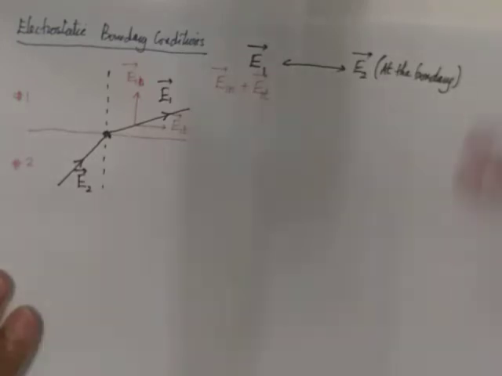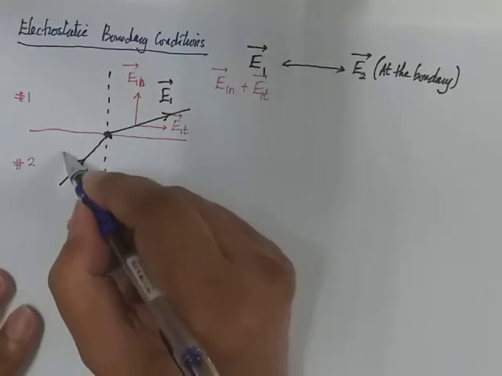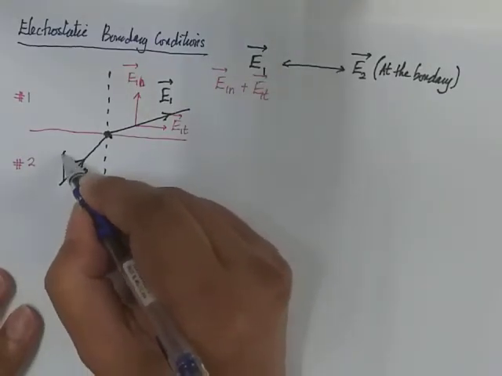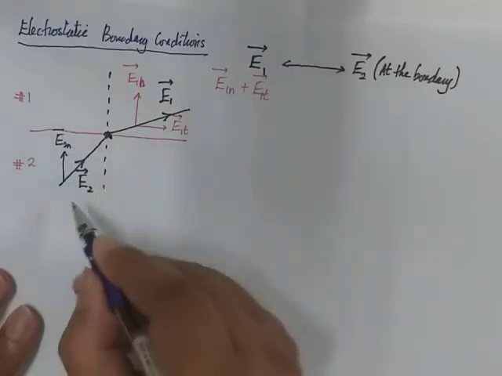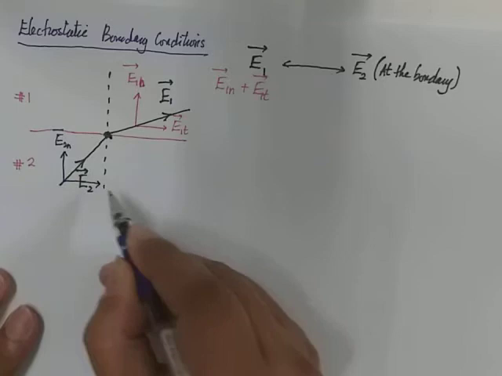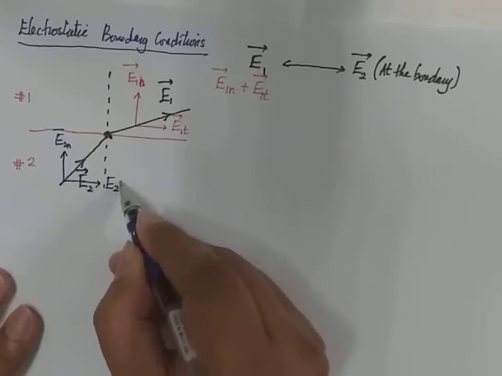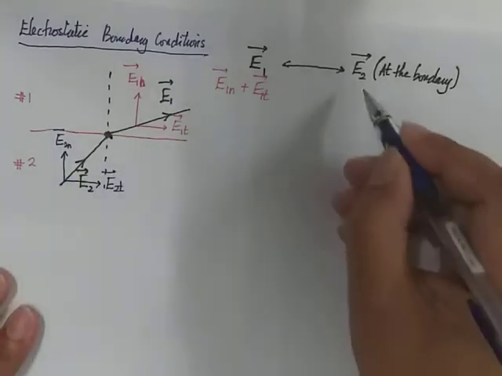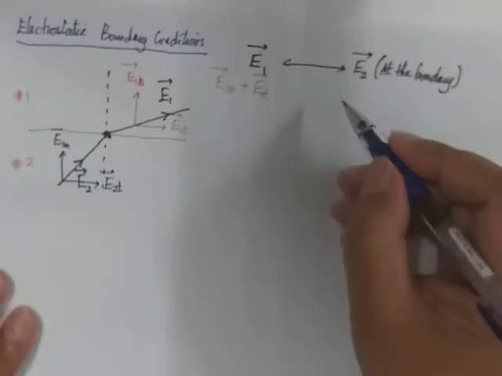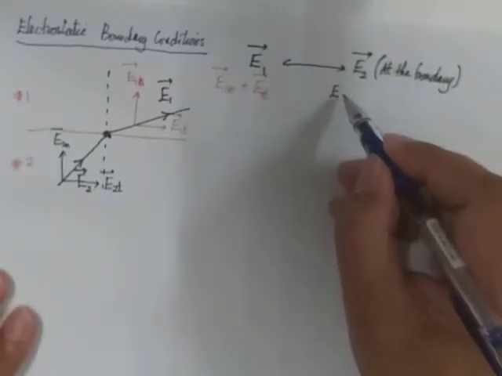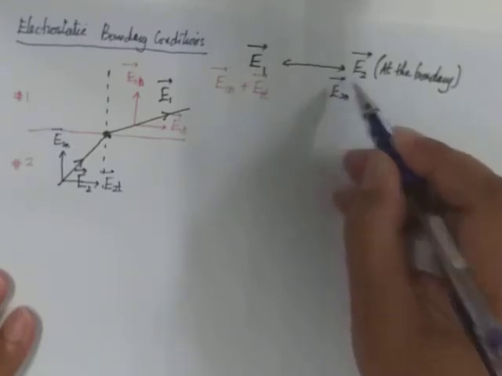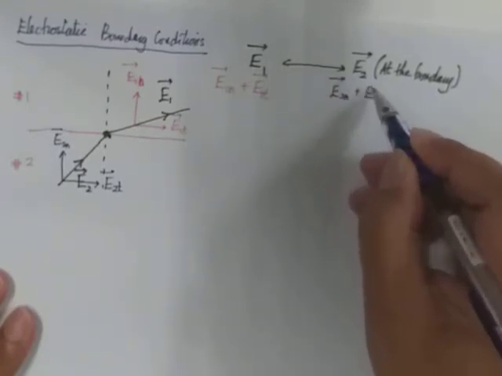Similarly, if I do that to E2, E2 now consists of E2N, which is normal to the boundary, and also this component, E2T. Therefore, I can say E2 also can be rearranged and represented with the equation E2N plus E2T.